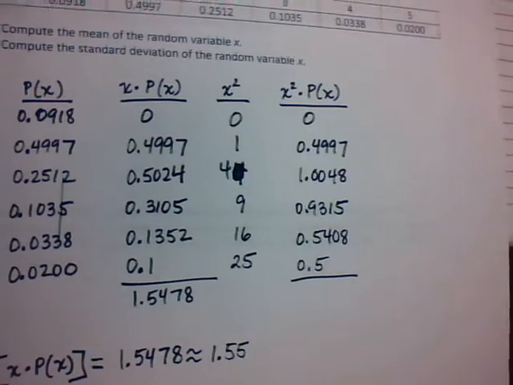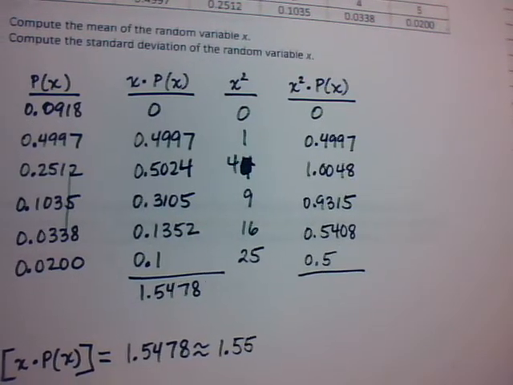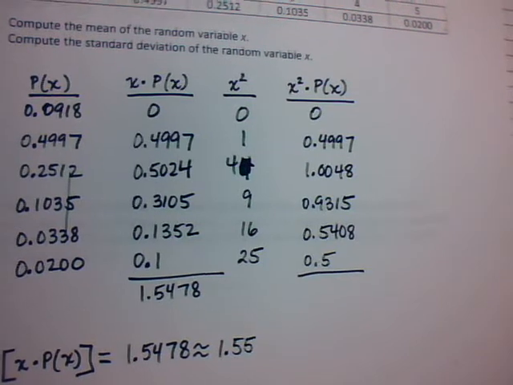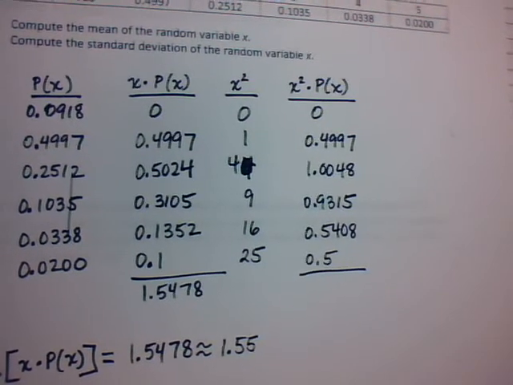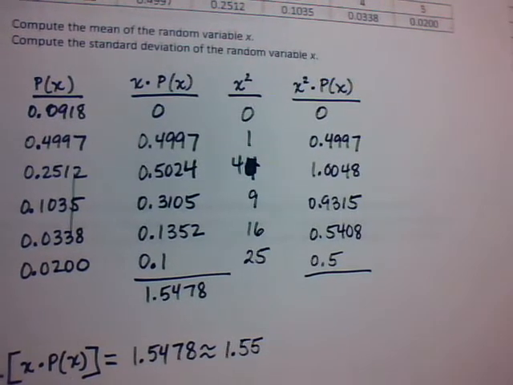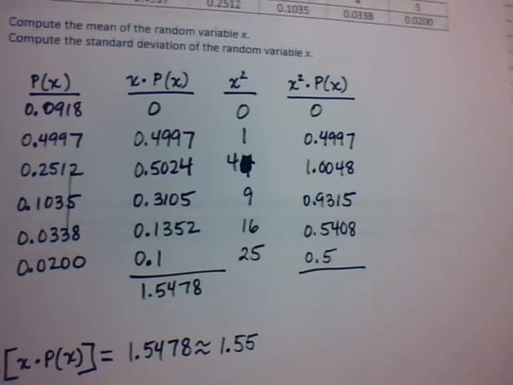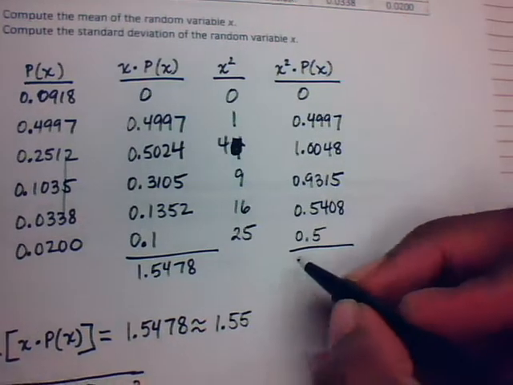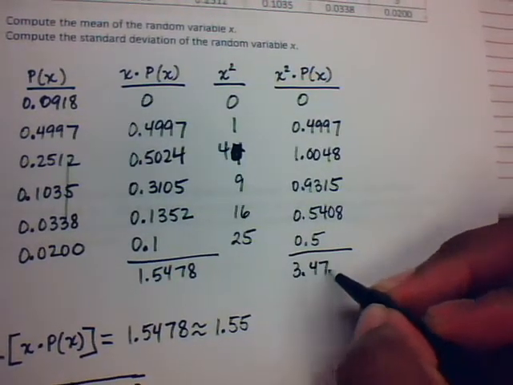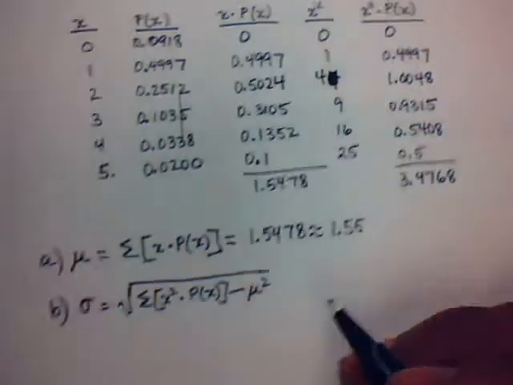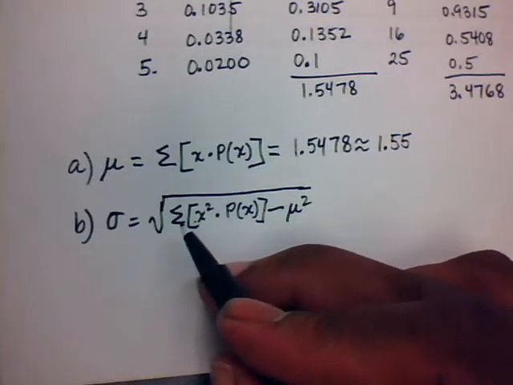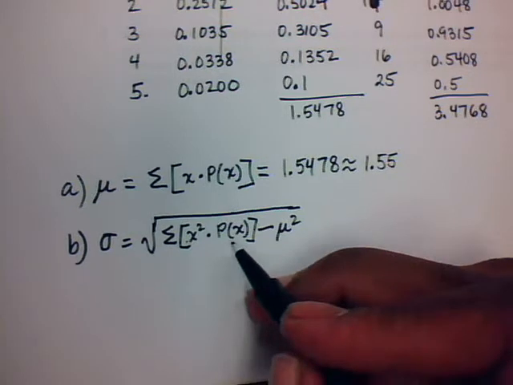So 0.4997 plus 1.0048 plus 0.9315 plus 0.5408 plus 0.5 will be 3.4768. This is the summation of x squared times p of x.